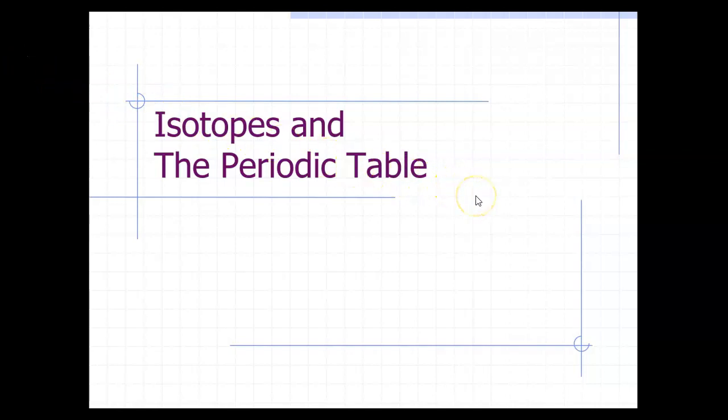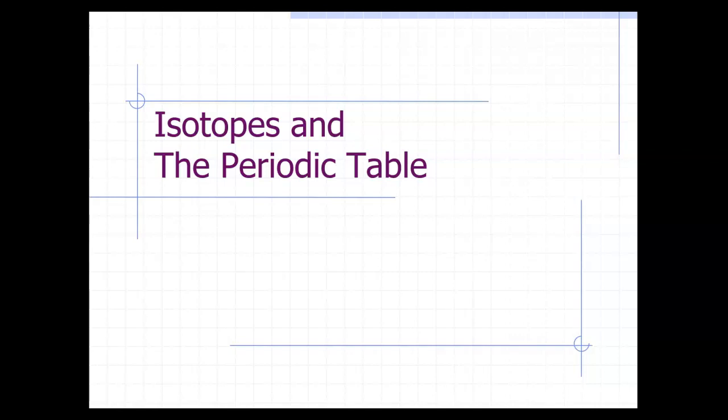Okay, so we have talked in class about atomic theory, and we finished up by talking just really briefly about isotopes. Specifically, that one of the aspects of Dalton's theory, which proved not to be correct, is that all atoms of a particular element are identical.